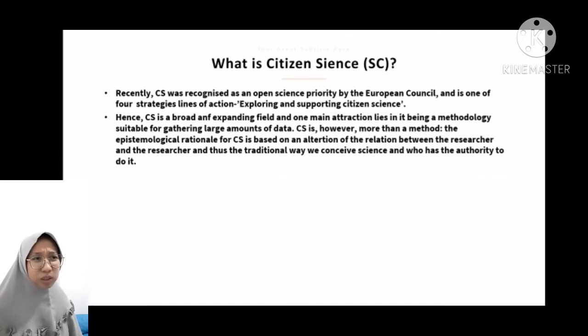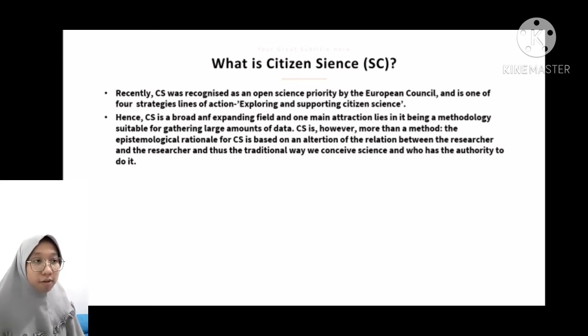So the next is, what is citizen science? Recently, citizen science was recognized as an open science priority by the European Council and is one of its strategic lines of action, exploring and supporting citizen science. Hence, CS is a broad and expanding field, and one maintained attraction lies in it being a methodology suitable for gathering large amounts of data.